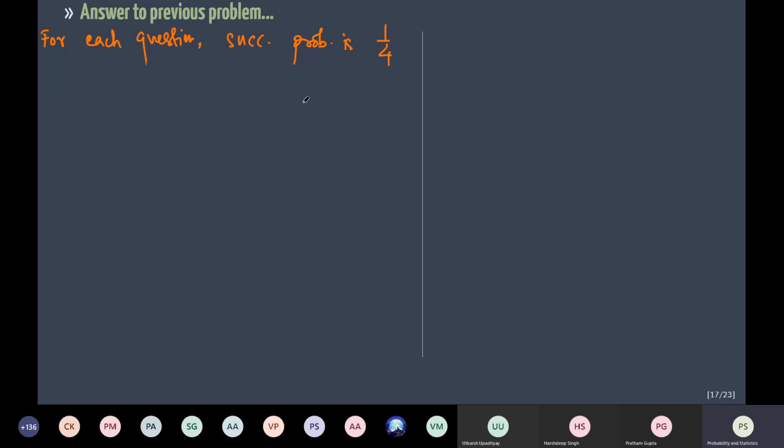Hence we will perform 10 independent Bernoulli trials, Bernoulli 1/4, because that will become the parameter for the Bernoulli. Bernoulli was like a coin toss with a biased coin, where the probability of head is P and the probability of tail is 1 minus P. In this case, the outcome is still one of success or failure in answering a question. The success probability is 1/4, and hence the failure probability is 1 minus 1/4.